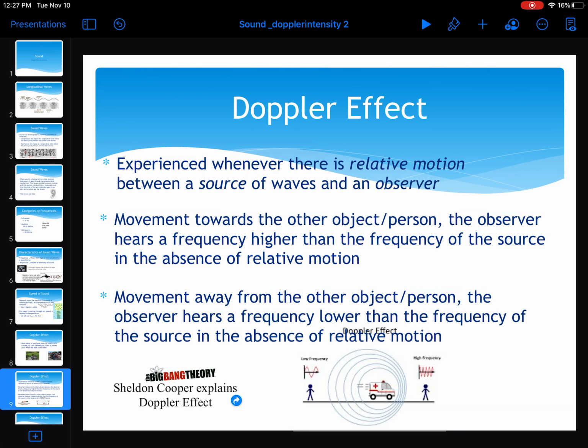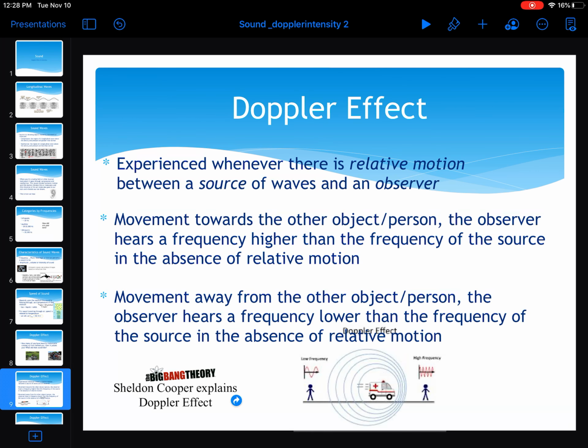So anytime there is relative motion, so either whatever is creating the sound or whatever is hearing the sound, one or both of those objects needs to be in motion in order for us to see the Doppler effect. So it is a perceived difference in frequency in comparison to the actual frequency of the sound wave.